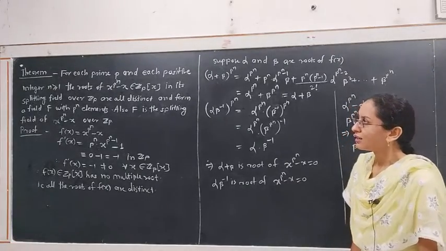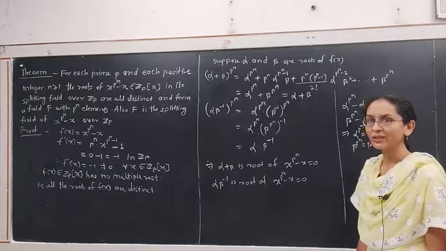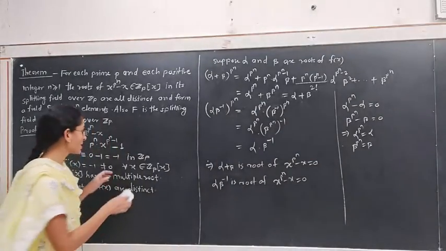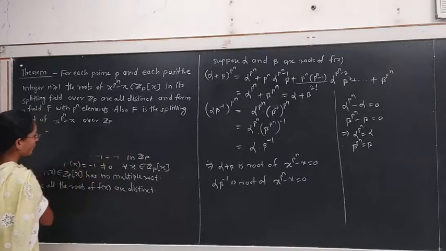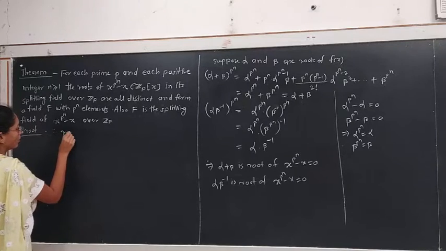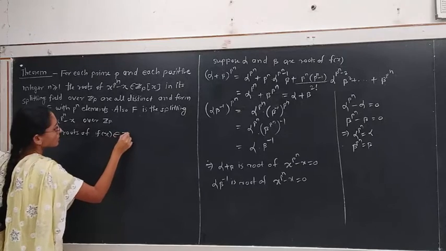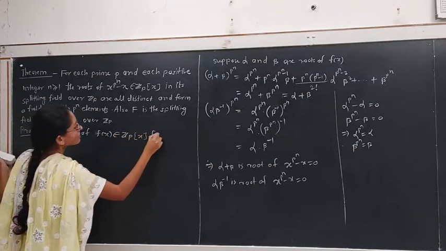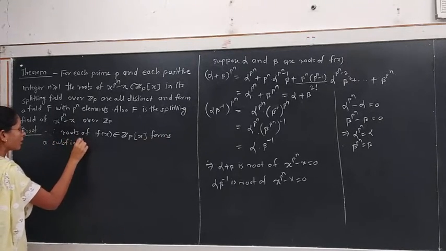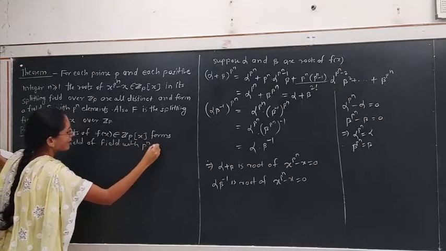Hence, all the roots of the polynomial f(x) form a subfield of a field with p^n elements. Hence, the roots of f(x) belonging to Zp[x] form a subfield of a field with p^n elements.